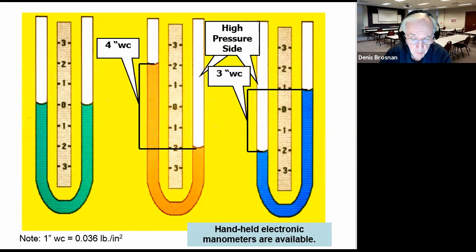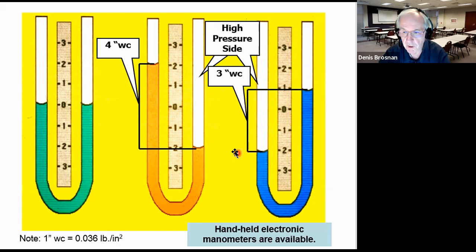So 4 inches of water column, an inch of water column is equal to 0.036 pounds per square inch. It's very, very small. Well, that's the way it is with air movement. Air responds to very, very small differences in pressure.